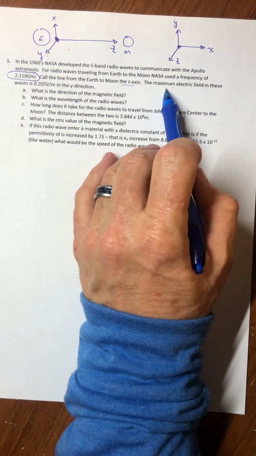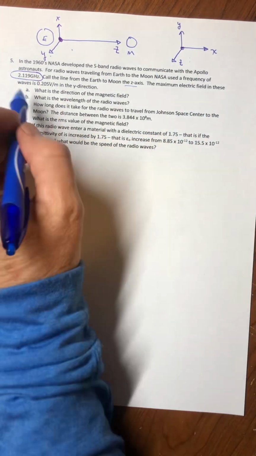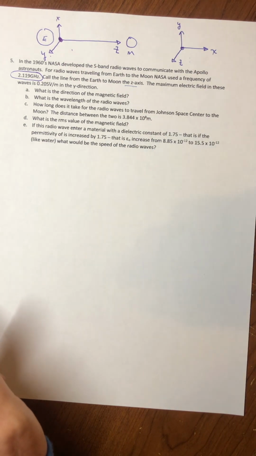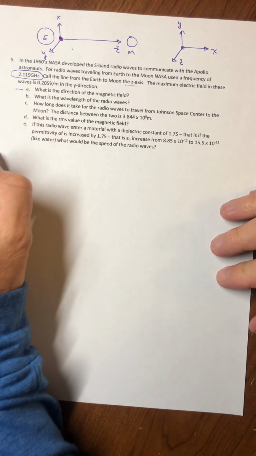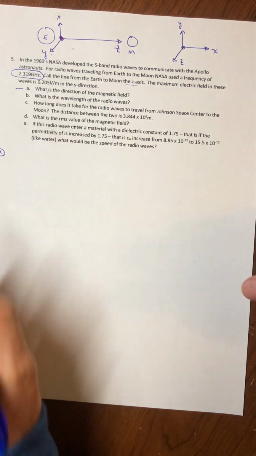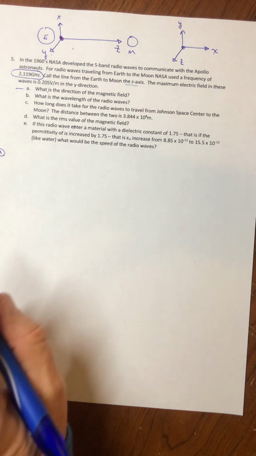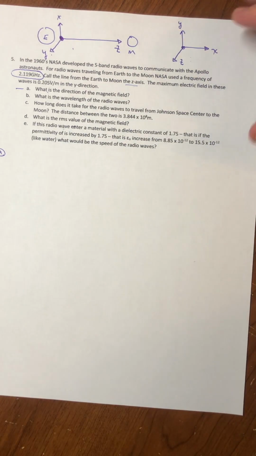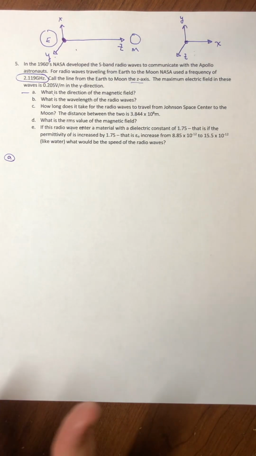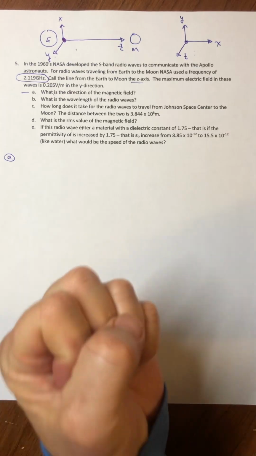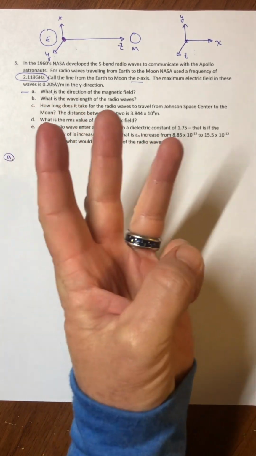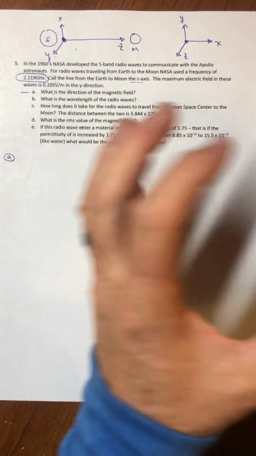It also goes on to say that the maximum electric field, and it gives you a value, is in the Y direction. Now, what's important about this is really the answer to A: what is the direction of the magnetic field? The layout that we learned by doing a bunch of math, and I said you don't have to repeat the math on the exam. It is a lot of math, but the math did show us that the three things, the electric field, the magnetic field, and the direction that energy travels, form a three-dimensional layout.